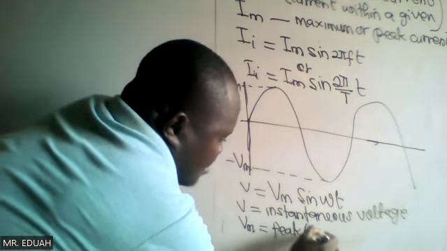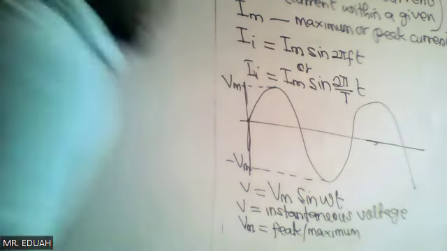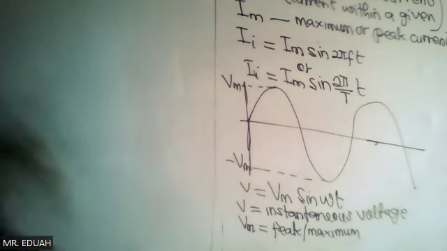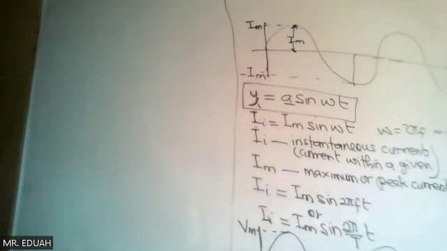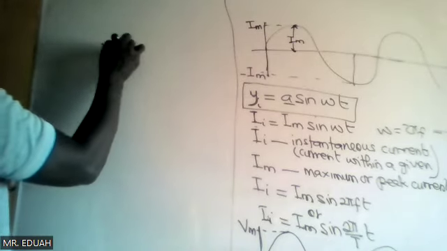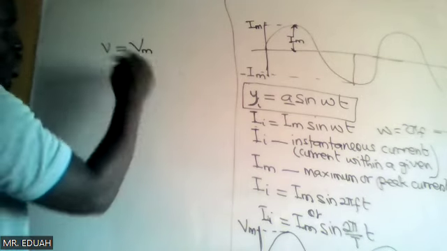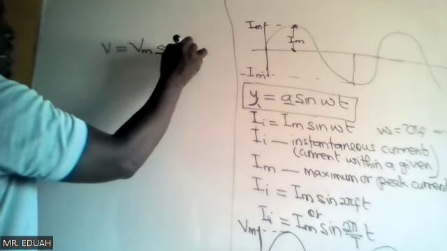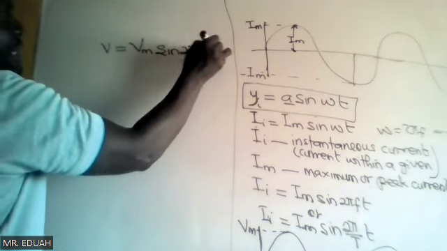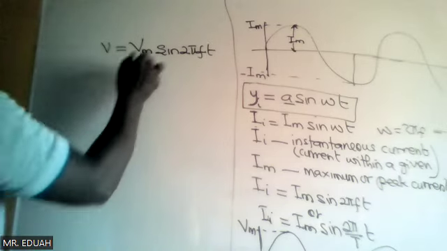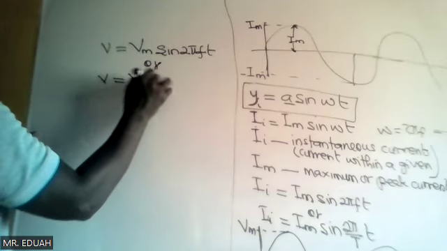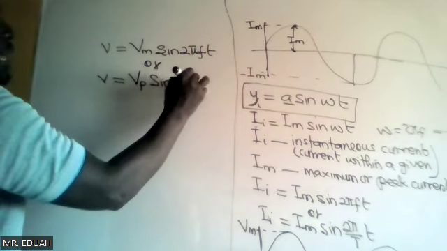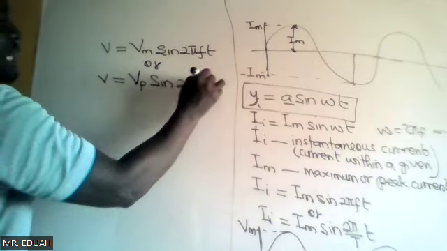And so the instantaneous voltage equation can equally be written as V is equal to Vm or Vp or V0 sine 2 pi f t if you substitute omega, or V is equal to Vp sine 2 pi over T times t.